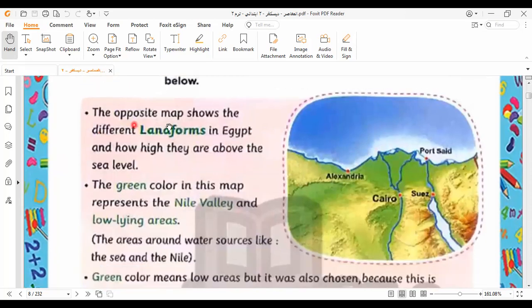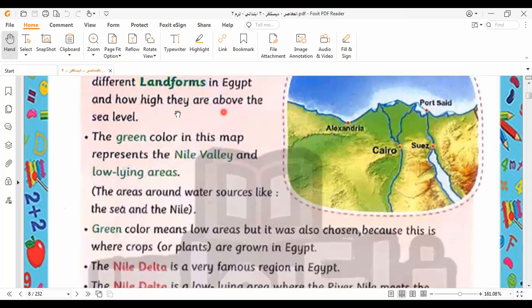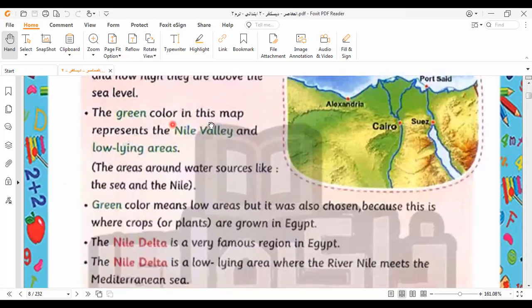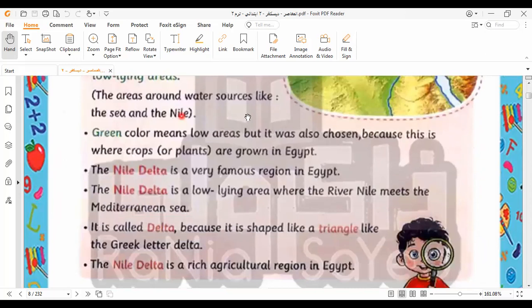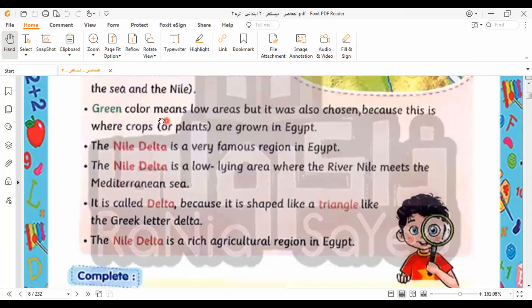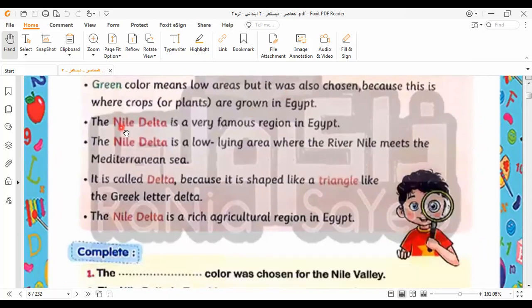The opposite map shows the different landforms in Egypt and how high they are above the sea level. The green color in this map represents the Nile Valley and low-lying areas. The areas around the water sources like the sea and the Nile. Green color means low areas, but it has also been chosen because this is where crops or plants are growing in Egypt. The Nile Delta is a very famous region in Egypt.